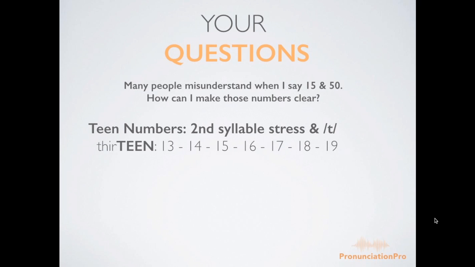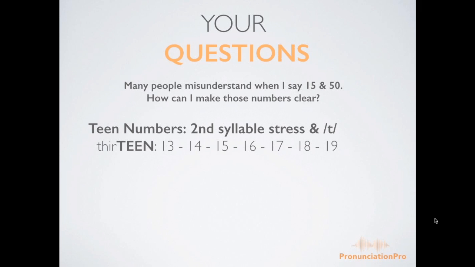So for teen numbers, we want to say 13. You're going to get that T sound, "teen," and you're going to stress the second part. It's not going to be THIR-teen, it's going to be thir-TEEN. So 13, 14, 15, 16, 17, 18, 19.